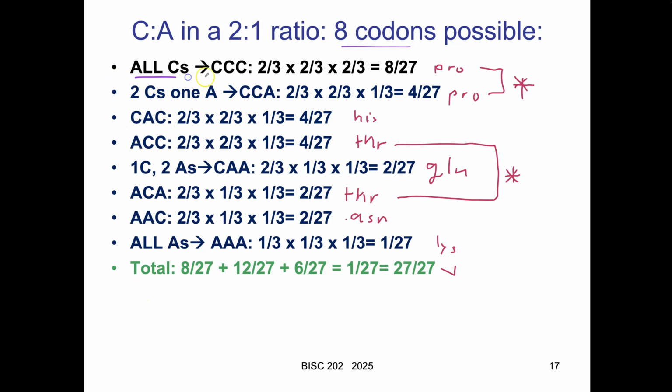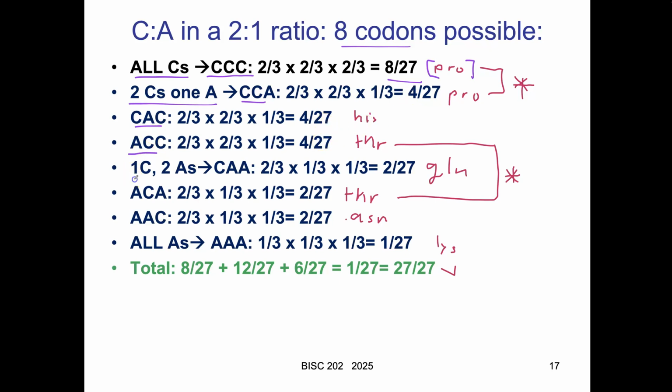So they could all be C's: C, C, C, that's one possible combination, and we've already done that. And it turns out that is a codon for proline. But you could have 2 C's and 1 A, and there are 3 different combinations for that: CCA, CAC, and ACC. So those are all those combinations. They have the same probability each.